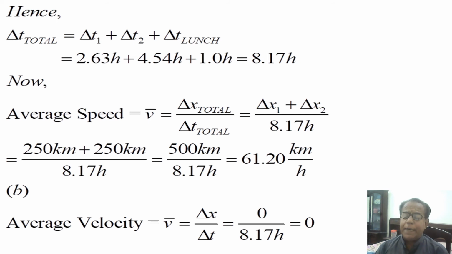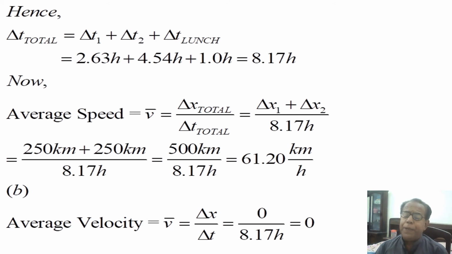This will alternatively become equal to 61.20 kilometers per hour. Hence average speed, that is v bar, has become equal to 61.20 kilometers per hour. Dear students, here it can be mentioned that it is not necessary to write average speed v bar equal to 61.20 kilometers per hour.